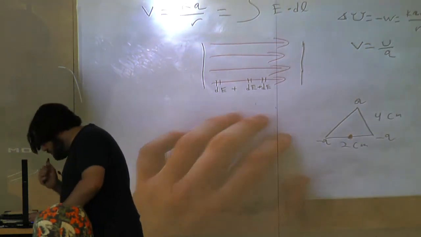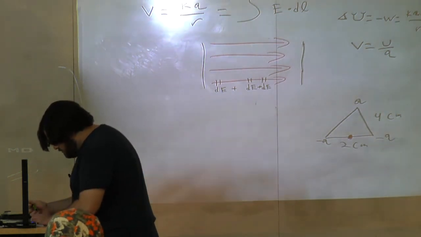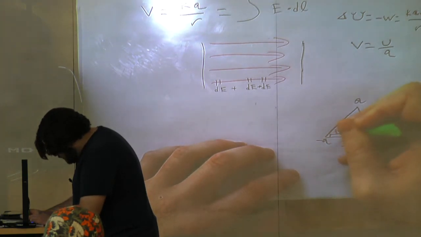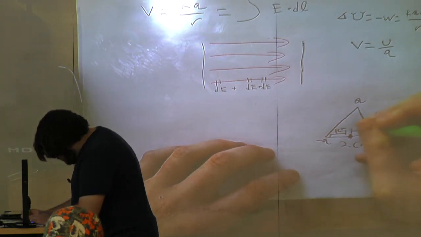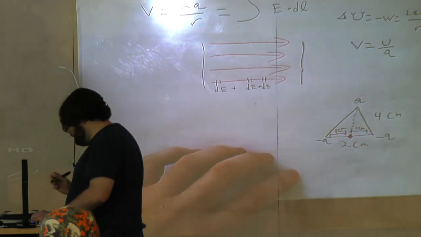All right. So I happen to know that half of 2 is 1. So this distance right here is 1 centimeter, 1 centimeter. And we have to find this distance as well.